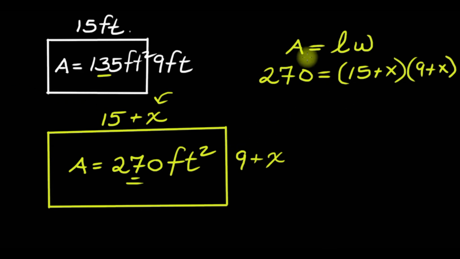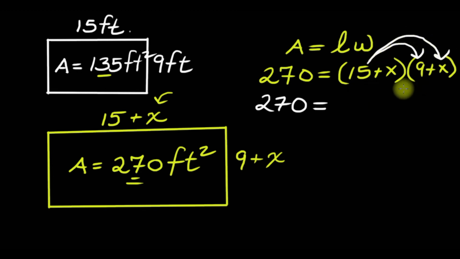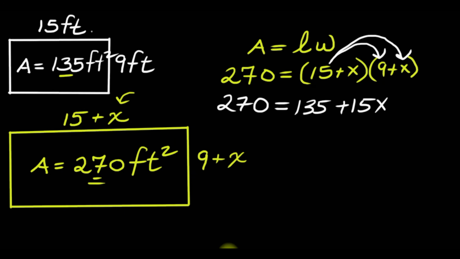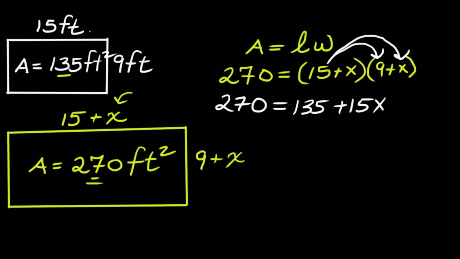Okay, so we're going to solve this. So 270 is, so here I'm going to distribute the 15. So I have 15 times 9 is going to give me 135. Then 15 times x is going to give me 15x. And then I have to do the same thing with the x.